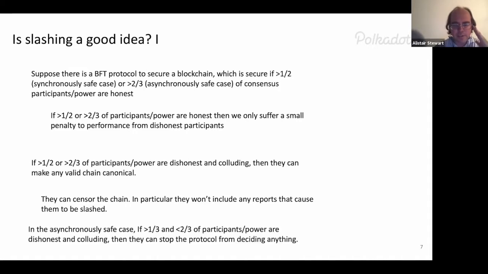Now, in this asynchronously safe case, if bigger than 1/3 and less than 2/3 are dishonest, then typically what happens is they can actually just stop us from advancing. If we need a 2/3 threshold to sign off on something to say it's good, and 1/3 of people just don't show up, then they can stop us from deciding anything, which means they don't get slashed either.